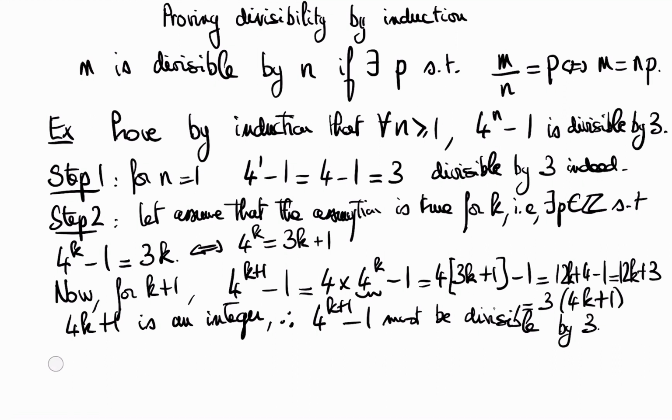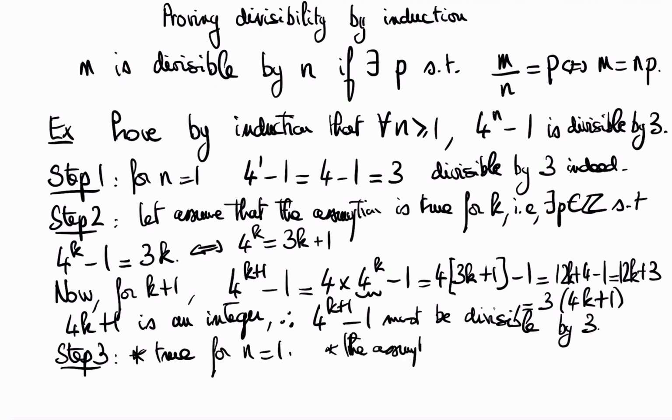Okay, so now step 3, which is the conclusion. So it's true, the assumption is true for n equal 1. Then the assumption is true for k plus 1 if it's true for k.